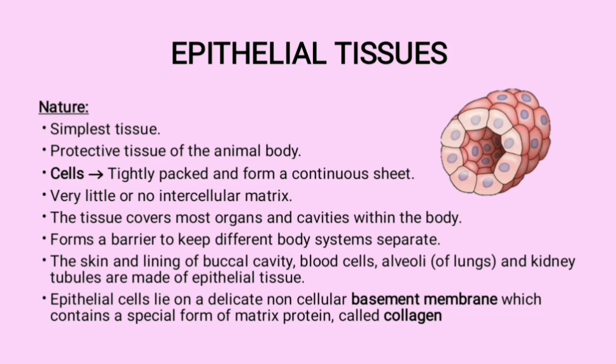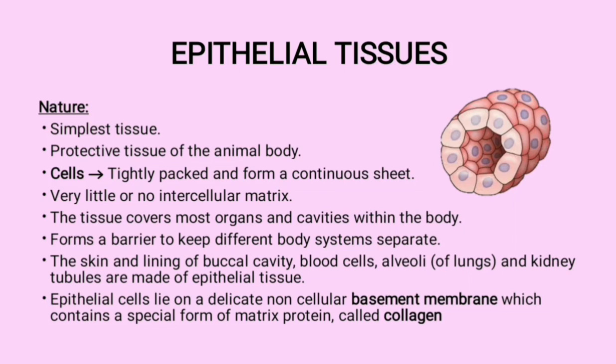Epithelial cells lie on a delicate non-cellular basement membrane which contains a special form of matrix protein called collagen. So you have to keep in mind this term collagen. What is it? It is a type of matrix protein. Matrix protein means a protein which is present in the matrix of the cell.